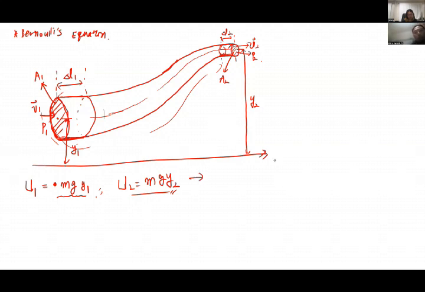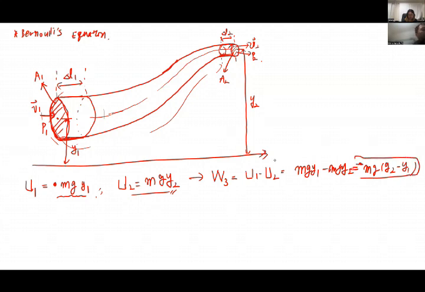If there's a change of potential energy, that creates an amount of work. So the work created by the variation of potential energy must be U1 minus U2, which is mgy1 minus mgy2. Taking the mg out of the two terms, or taking the minus sign out, that should be minus mg times (y2 minus y1).